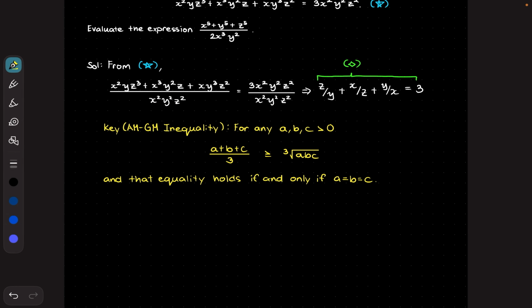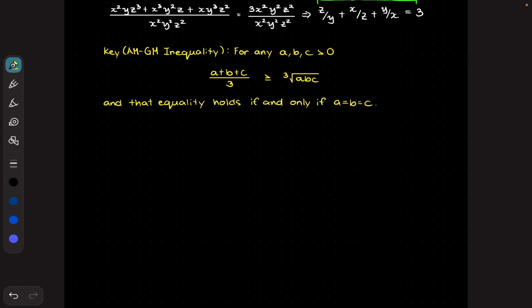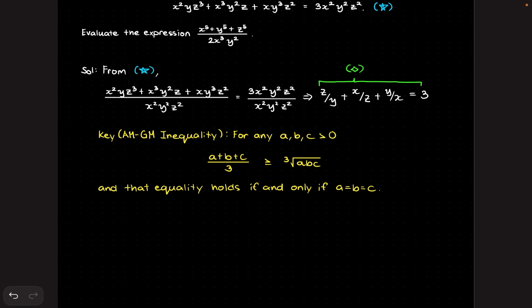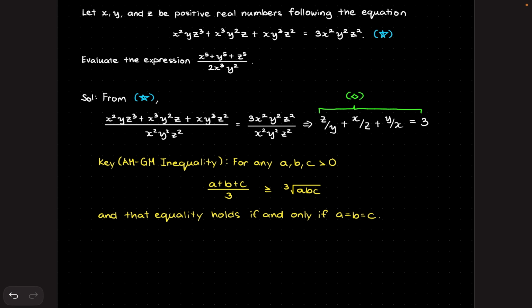Good, so let's apply this one. To be able to apply this, we need a, b, and c. The most natural choice is for this to be a, this to be b, and this to be c.